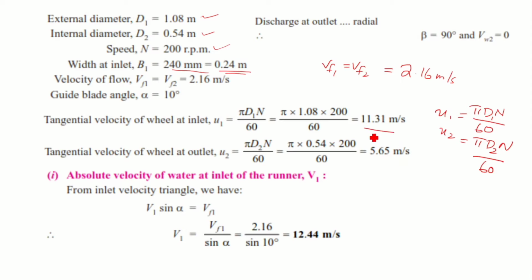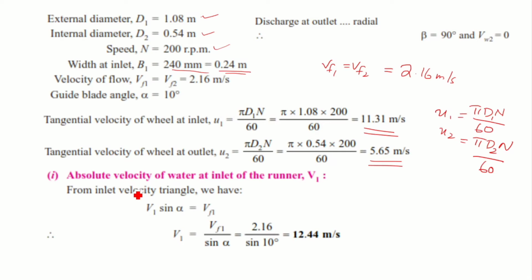The values will be 11.31 meter per second and 5.65 meter per second. The diameters are 1.08 and 0.54. From these values itself, it is clear that the diameter at the outer side is double the diameter at the inner side.